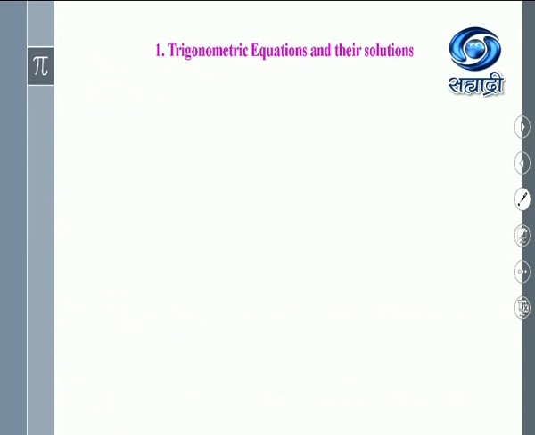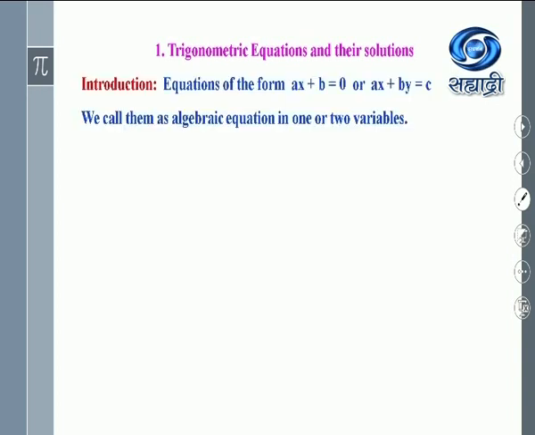The first one is the trigonometric equations and their solutions. Now in school algebra, you have learned the algebraic equations, their meaning, how to find the solutions, etc. The trigonometric equations we have in place of algebraic equations.